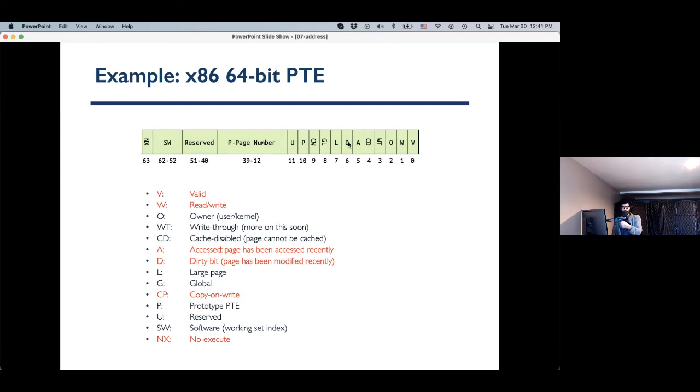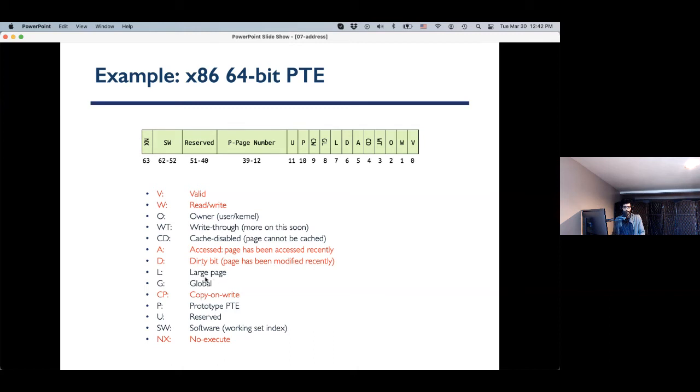Now memory acts as a cache for your hard disk, for your permanent storage. That's where the dirty bit comes in handy. If you change the content of a page, you can use this dirty bit to write it back to the permanent storage.